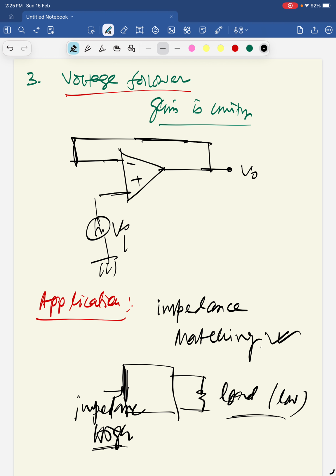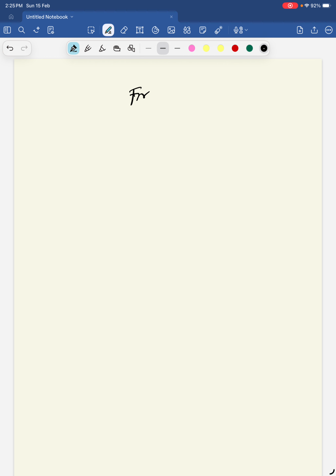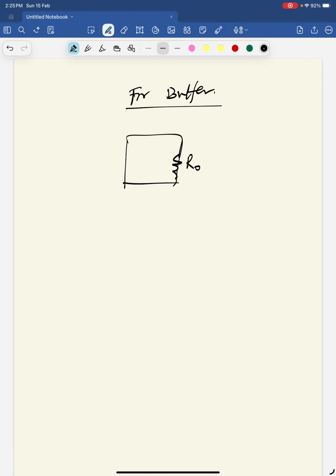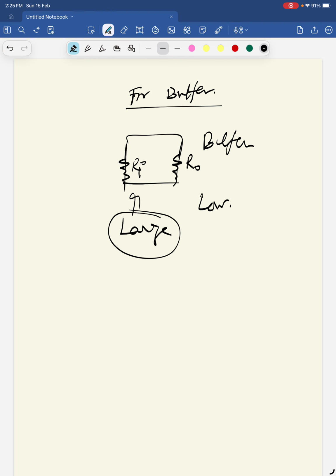For a buffer or emitter follower or voltage follower, if we show it in a box, this is the R0 in that case, and this is the input. We know that for this op-amp, the input impedance is infinity or large, and the output impedance is low. So a buffer circuit has large input impedance and low output impedance. Now we have a source.